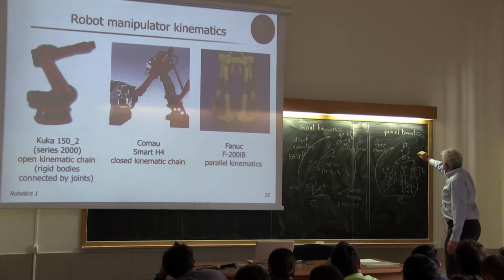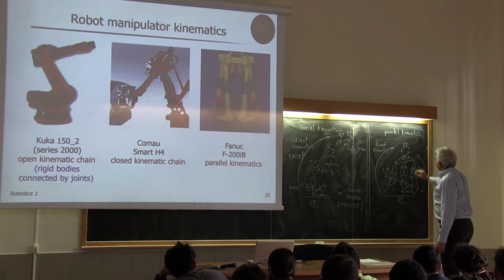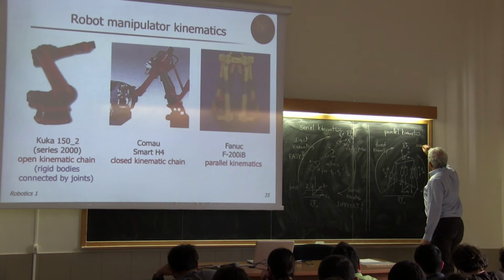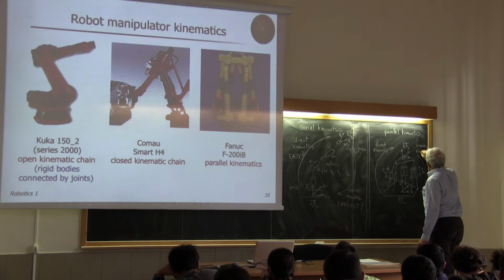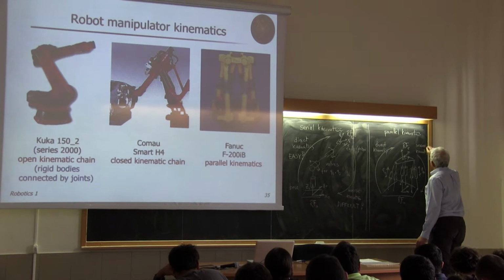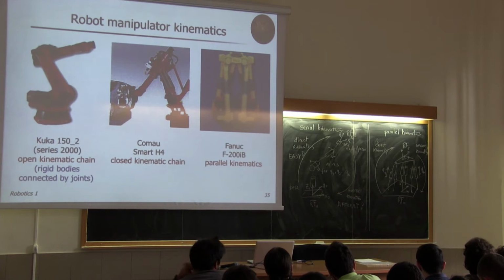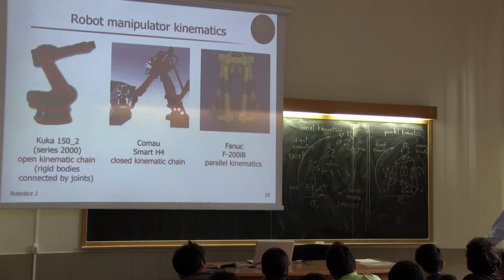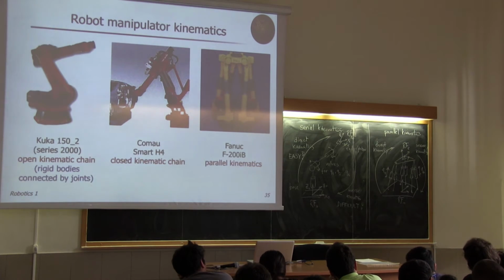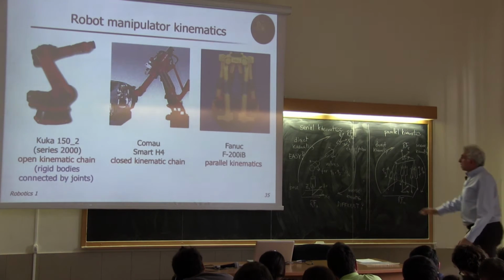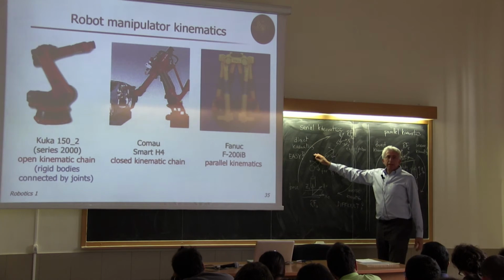And vice versa, if I want to realize some desired position and orientation of the end effector frame, what should be the value of the joint variable, in this case, this linear extension of the prismatic joint? Okay? So, same problem posed as for serial kinematic chains.